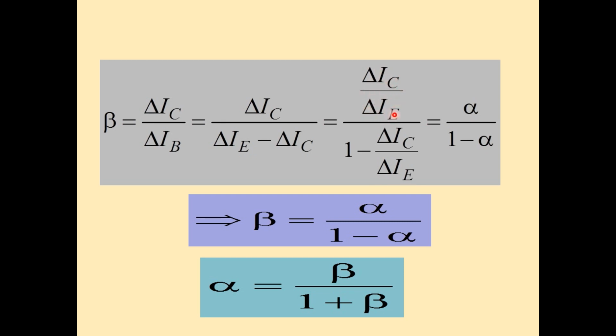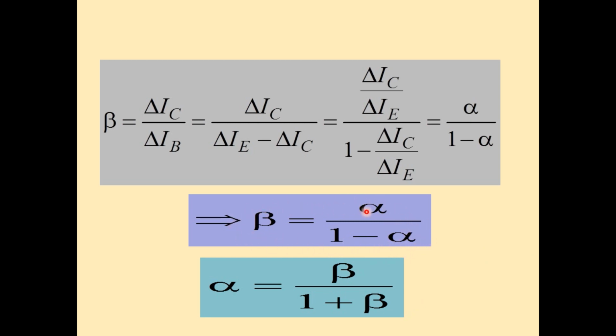Already you know that the ratio of change in collector current to the change in emitter current is alpha. So which is alpha by 1 minus alpha. So beta can be written as alpha by 1 minus alpha. This is the relation between beta and alpha.